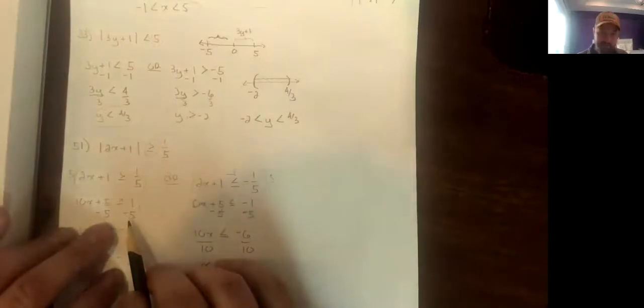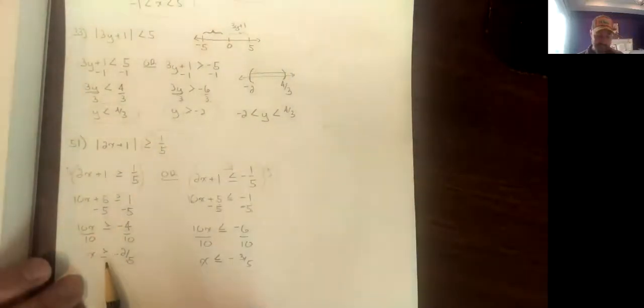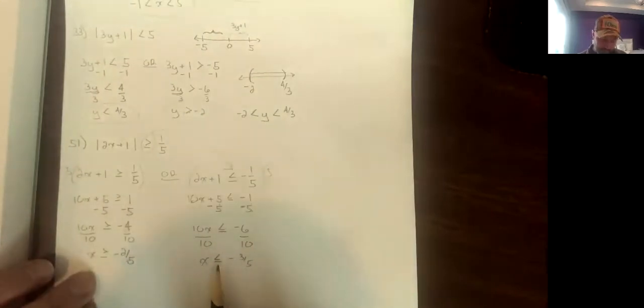I just wrote a number wrong because I was jabbering. I do it in the classroom too sometimes when I talk and write. So I actually have negative 2/5. Now we're dealing with fifths. That makes more sense. I think they just want us to write, it says solve each inequality. So x is greater than or equal to negative 2/5, but it's less than or equal to negative 3/5.